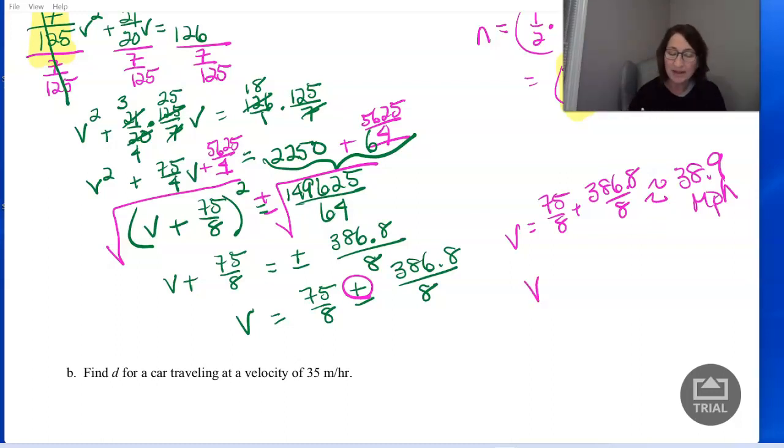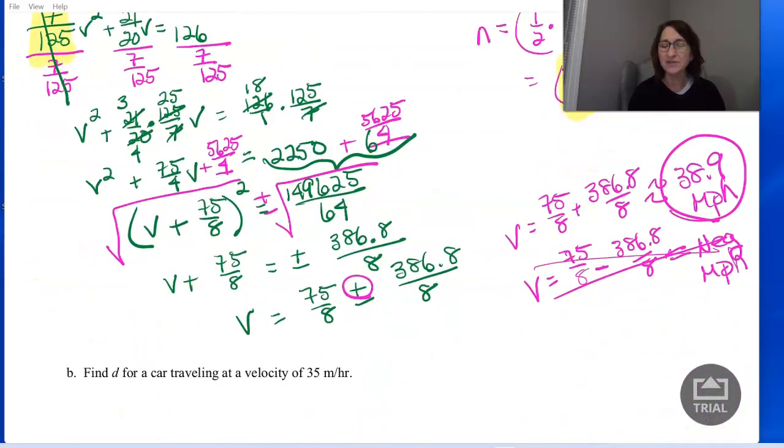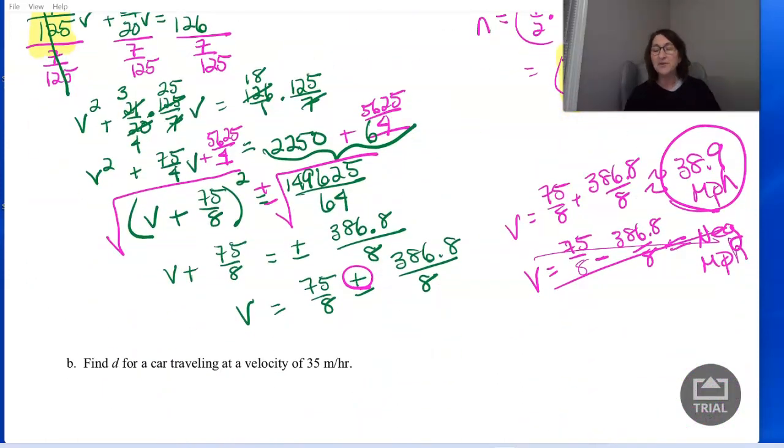But the second number would be 75/8 minus 386.8 over 8. I don't even need to do that work because it's going to give me a negative miles per hour. You can't have a negative miles per hour, so that answer won't make sense. It's going to be about 39 miles per hour. And it said round to the nearest tenth, so 38.9 would be my correct answer.